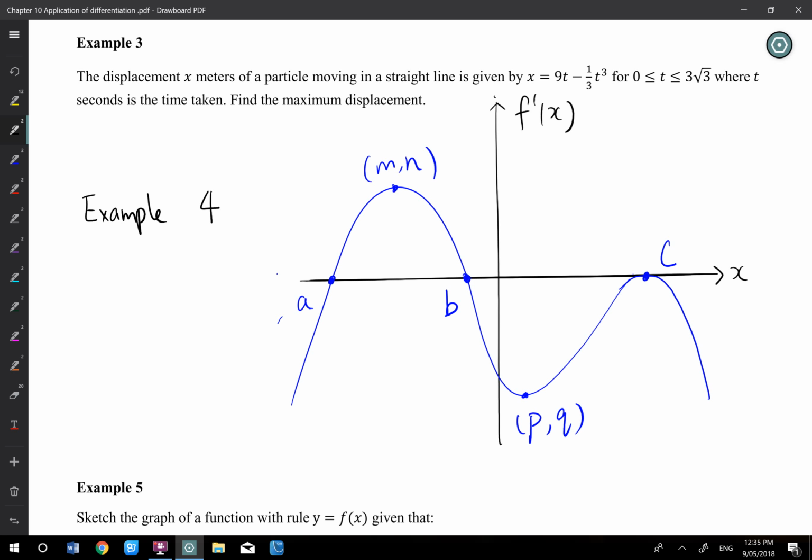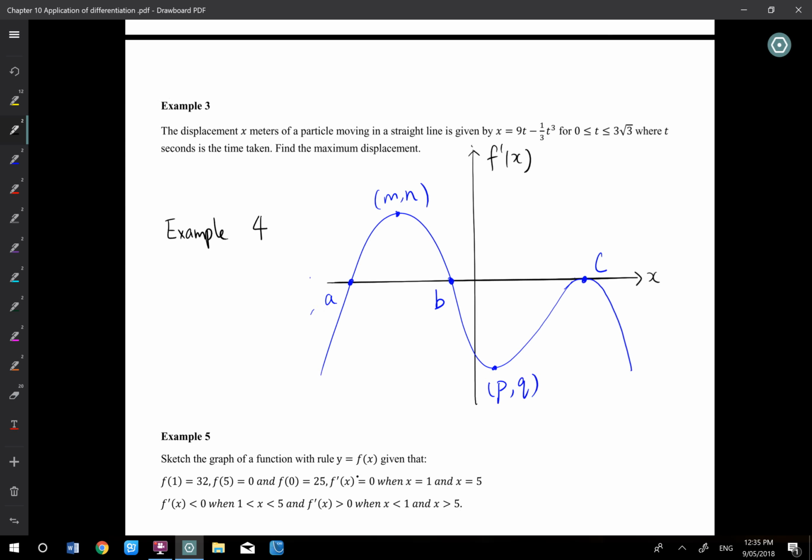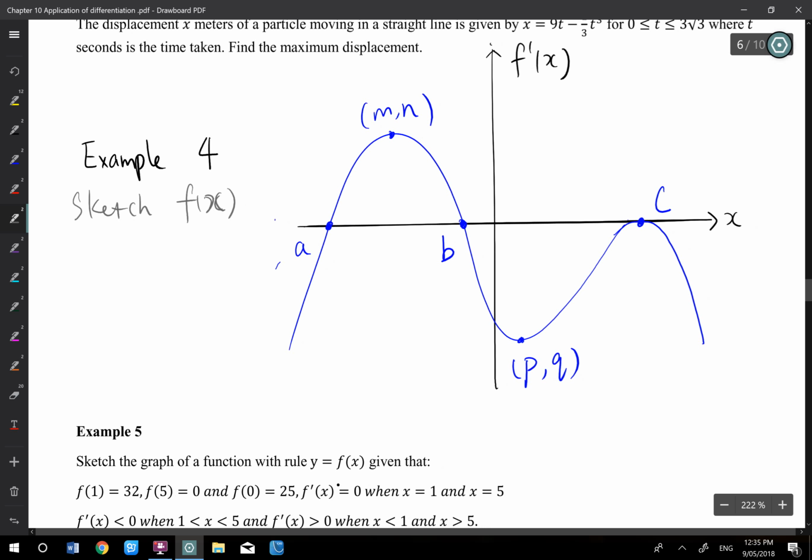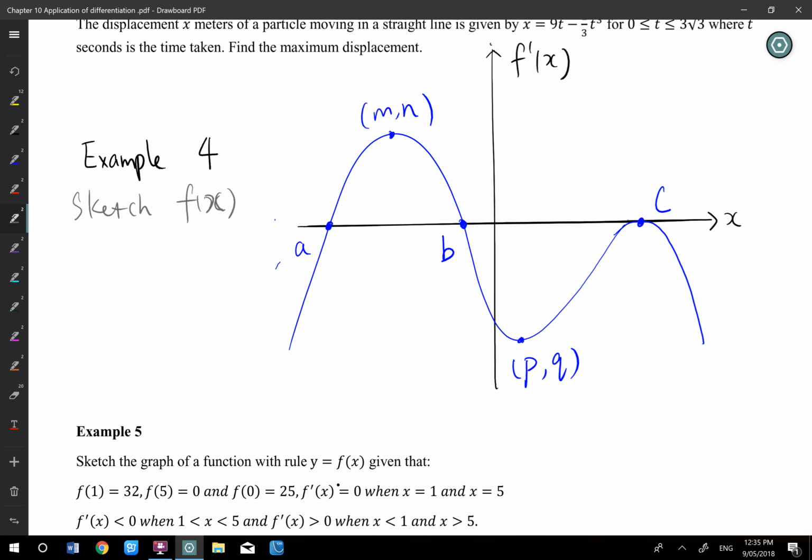Okay. For example 4 and example 5, they both require you to sketch. This question asks you to sketch a possible graph for f(x). I'm not going to write a full sentence. So sketch a possible graph for f(x).